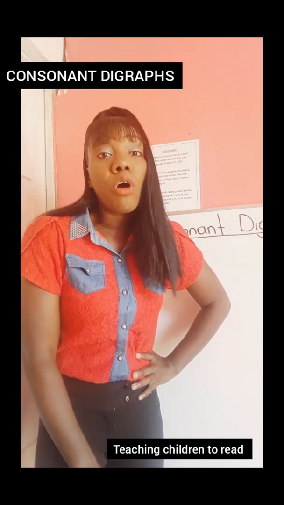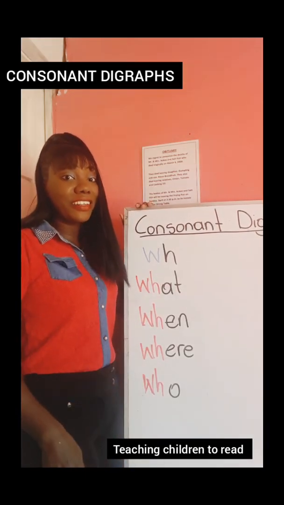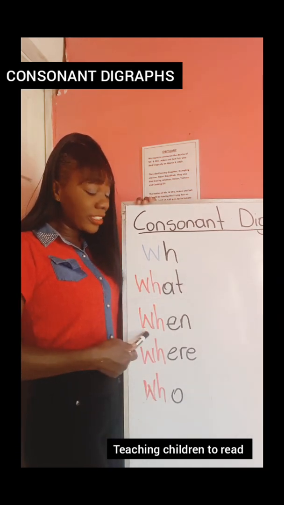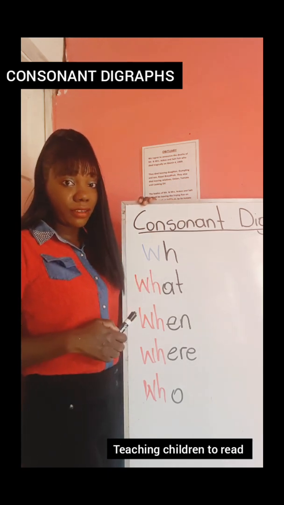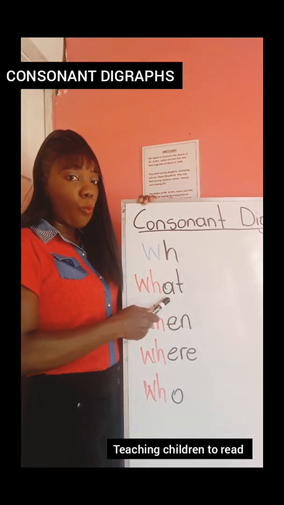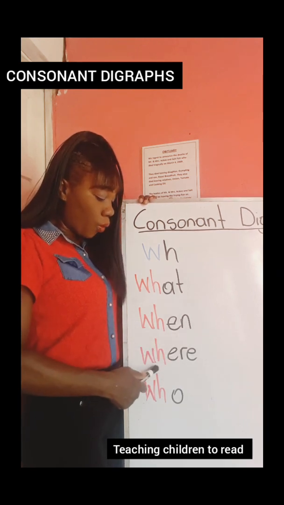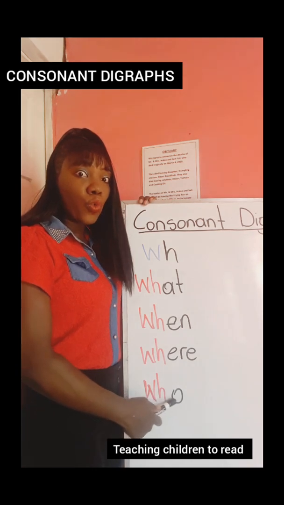So here are some words that W and H are in. And remember, in the WH words, only the W talks, even though the W and the H are together. What, when, where, who.